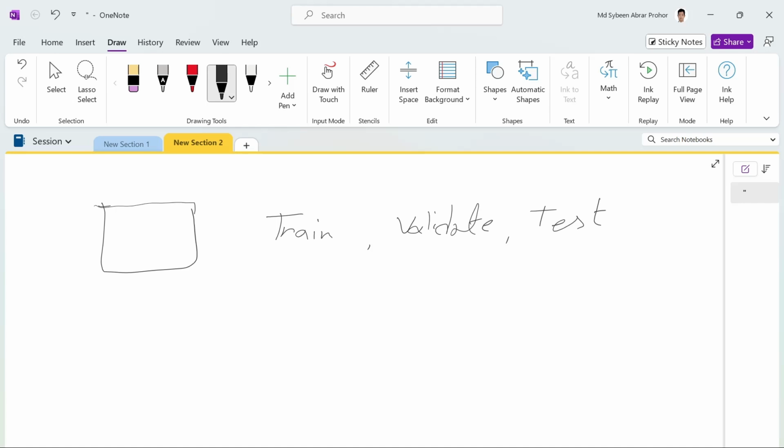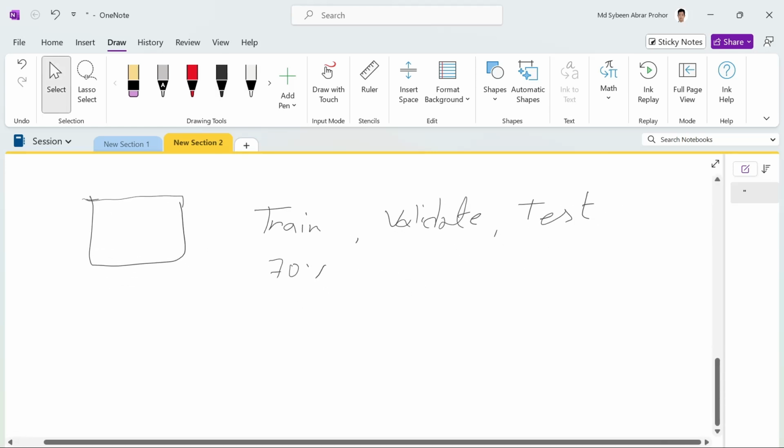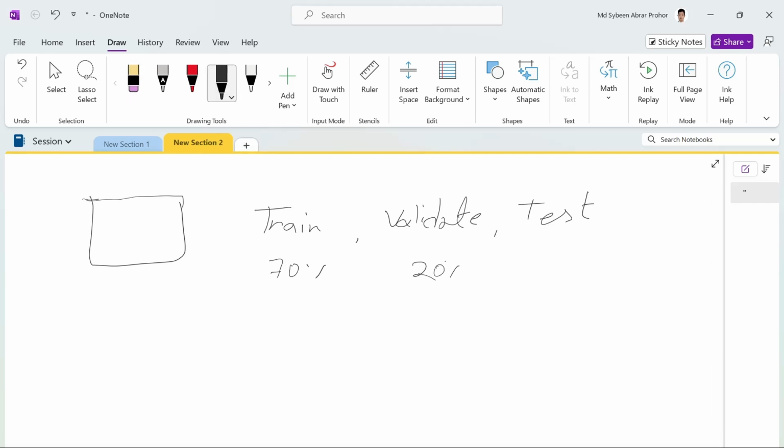Let's say 70% of the data is in the train data set, almost 20% of the data is in the validation data set, and almost 10% is in the test data set.